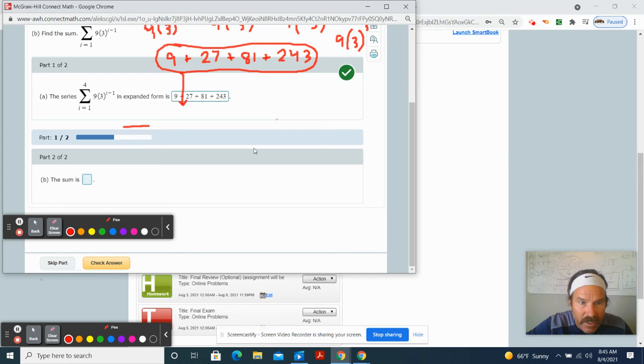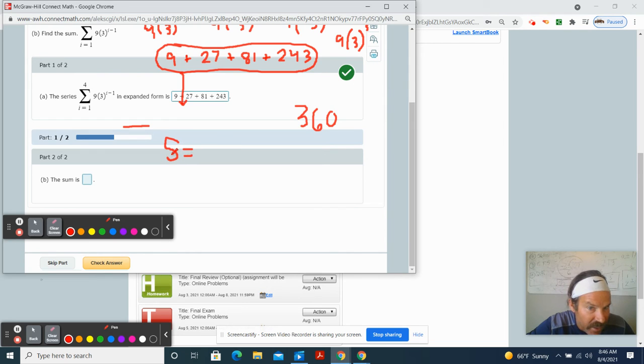This is for part 2. But just like the arithmetic series has a formula, a geometric series also has a formula for the sum. So let me give you that formula here.